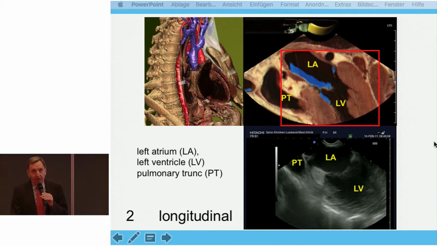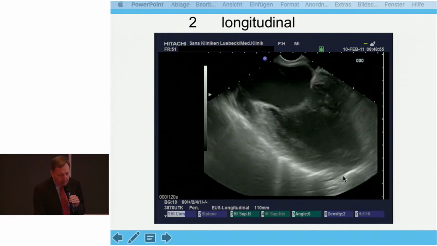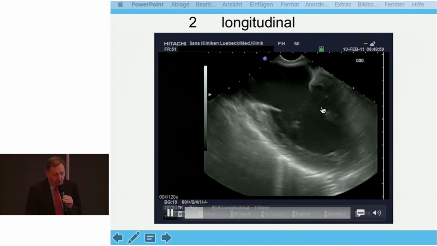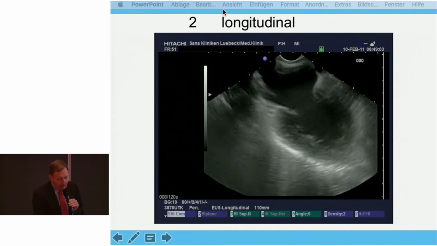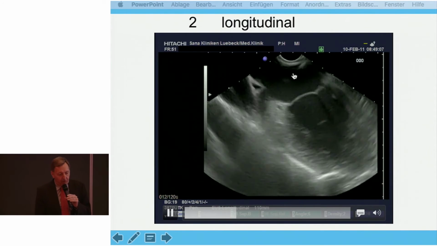In longitudinal scan, it's sometimes easier to see the left ventricle with the strong muscle. You see the strong muscle here, and you see the left ventricle corresponding to the level of the mitral valve. And as well in the video, you see the mitral valve and the strong muscle and the left ventricle downwards, in front, always close to the transducer, the left atrium.